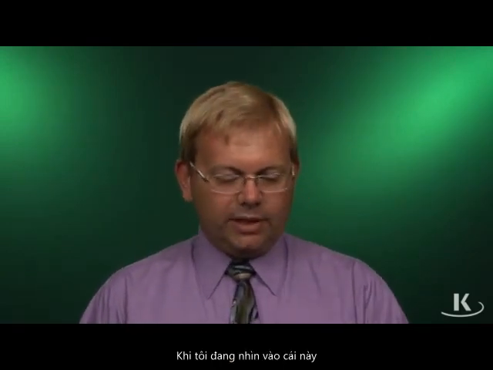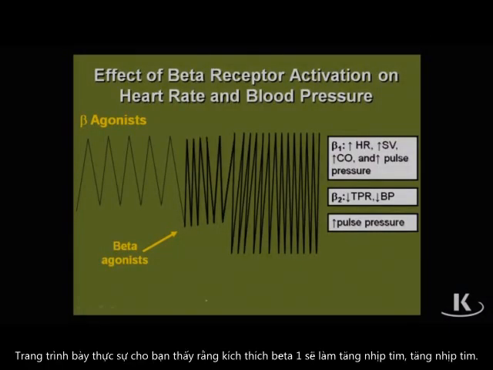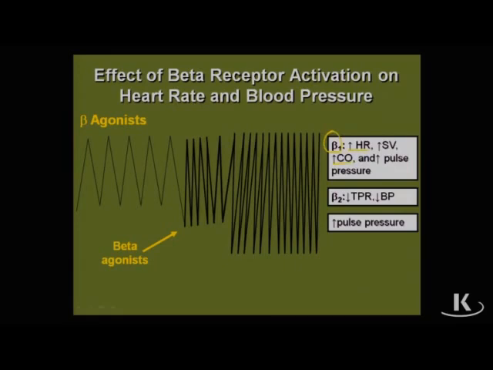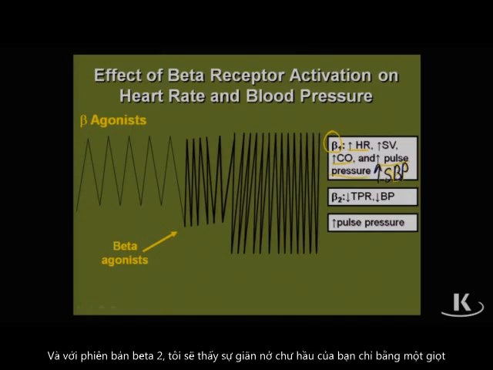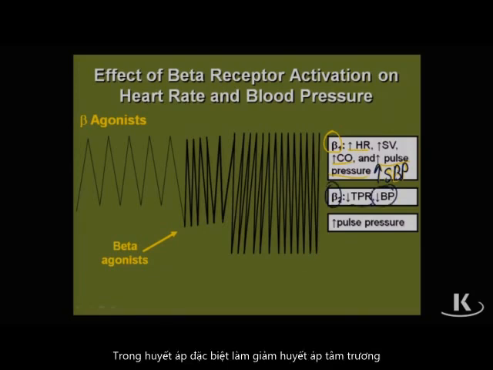So as I'm looking at this, the slide is showing you indeed that beta 1 stimulation would increase heart rate, increase cardiac output, increase pulse pressure, particularly from increasing systolic blood pressure. And with beta 2, I'm going to see a vasodilation with a drop in blood pressure, particularly decreased diastolic blood pressure. Hey, who should win?